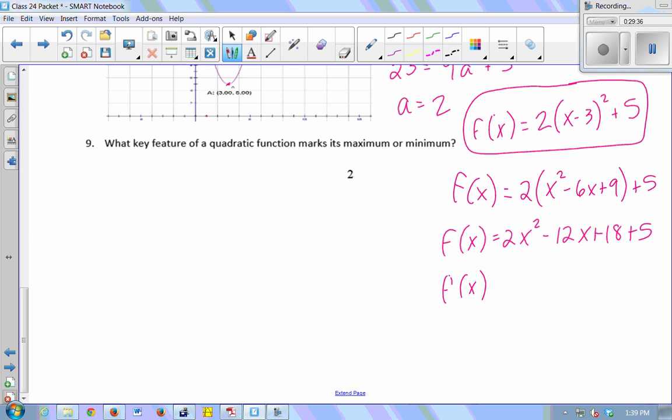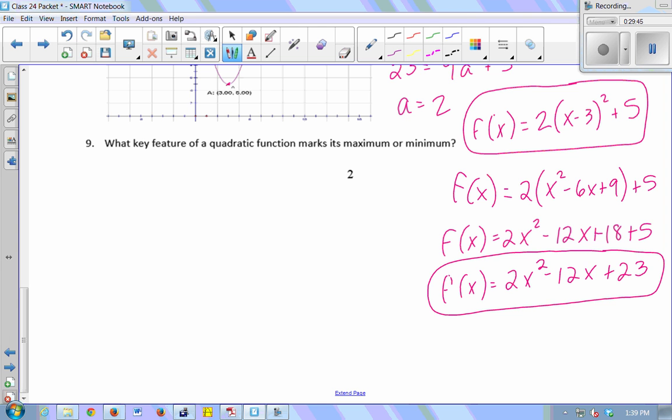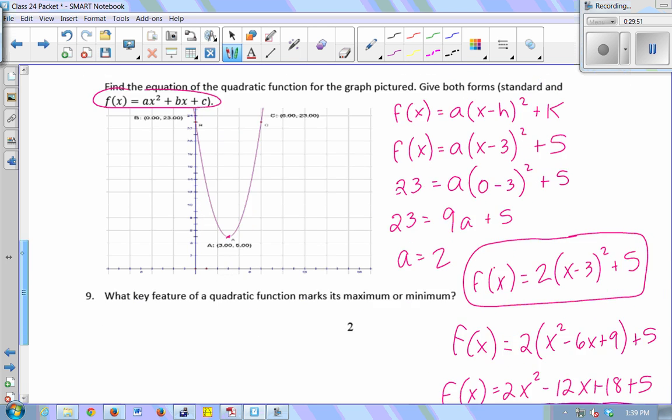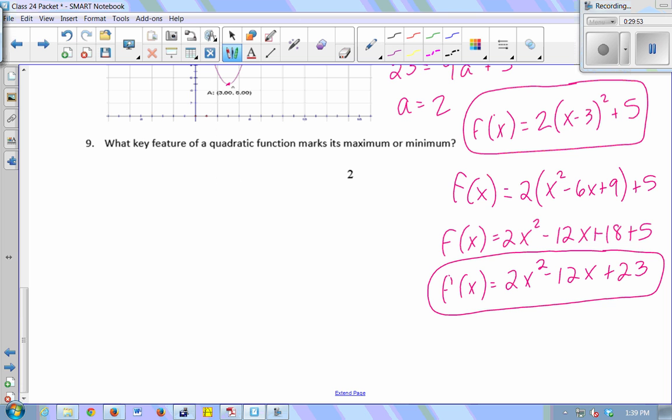And I get f of x is 2x squared minus 12x plus 23. Does that number 23 look familiar? It's the y-intercept. And it makes sense. If I were to plug in 0 for my x's in this other form, I would get 23 as the y-intercept.